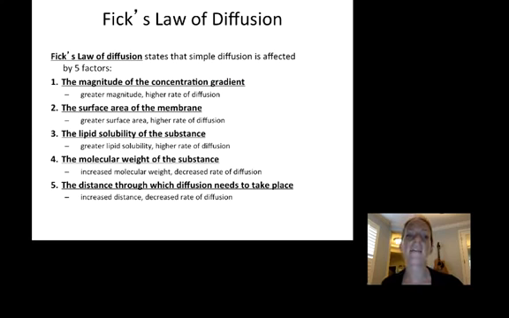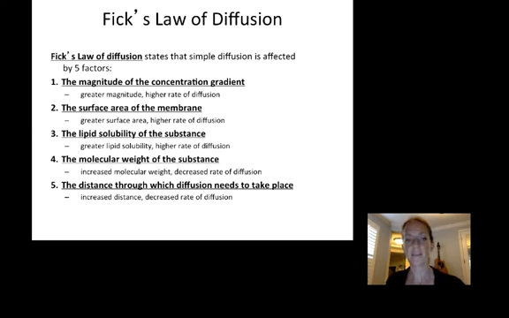There are 5 different ways that simple diffusion can be affected. First is the magnitude of the concentration gradient. The bigger the difference across, the greater the magnitude, the higher the driving force, and diffusion will go faster. So a big difference from one side of the cell to the other in concentration will give a high driving force, and diffusion will go faster.